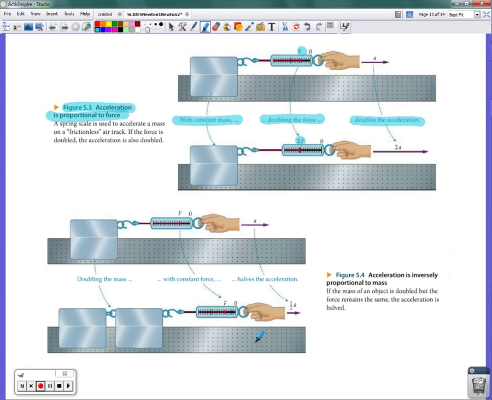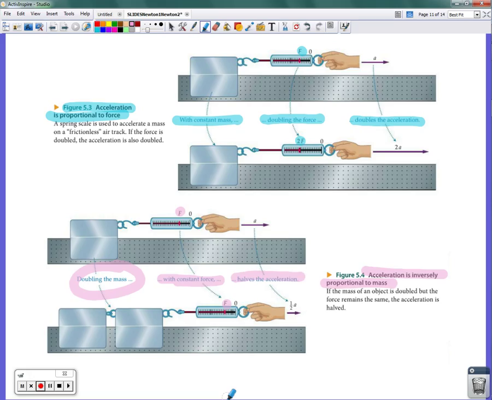Now, the other part of it: acceleration is inversely proportional to the mass. First, you have to keep the force the same. So F here and F here. We're pulling on something exactly the same, with exactly the same amount of force. But if you make it heavier, if you double the mass, you're only going to get half the acceleration.